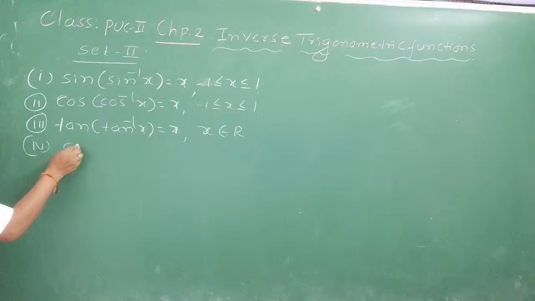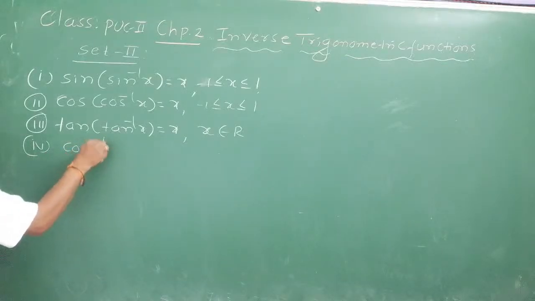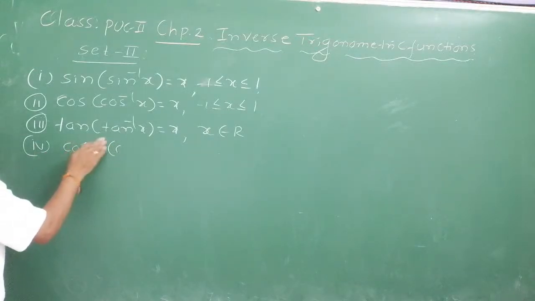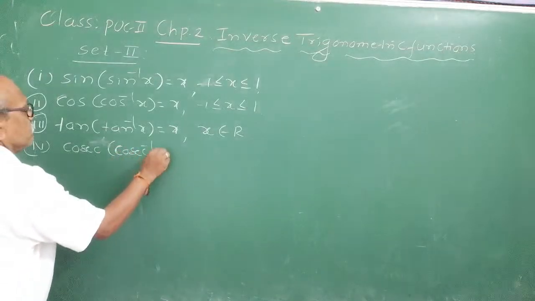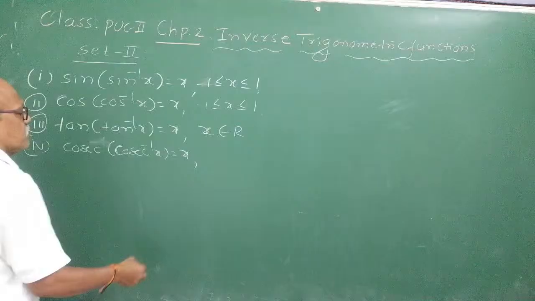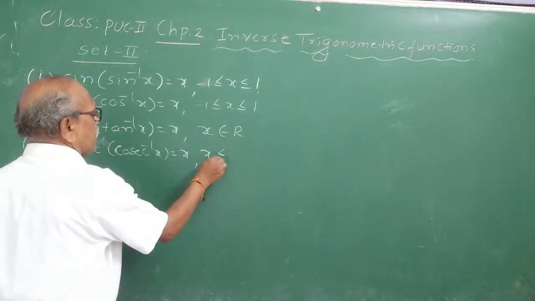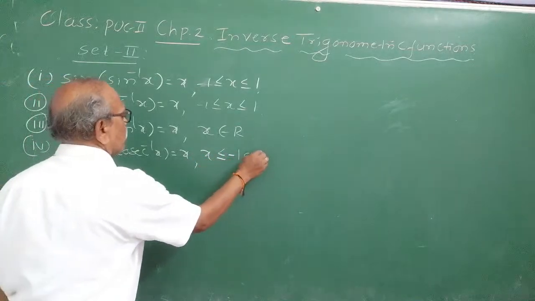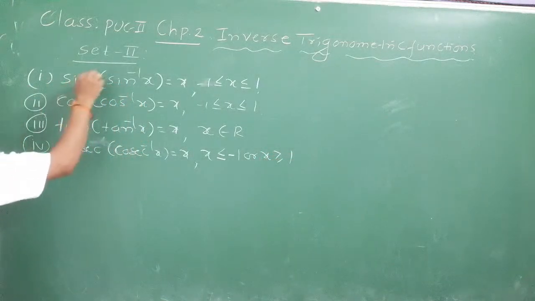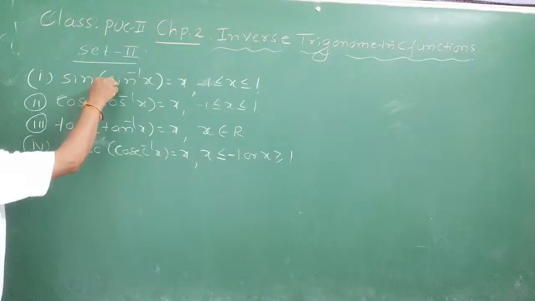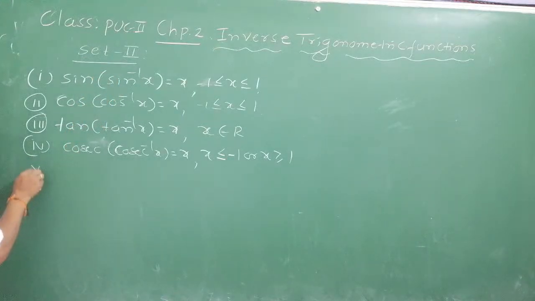Fourth identity is cosec of cosec inverse x is equal to x when x is either less than or equal to -1 or x is greater than or equal to 1, because where sine inverse exists, excluding that, cosec inverse exists.